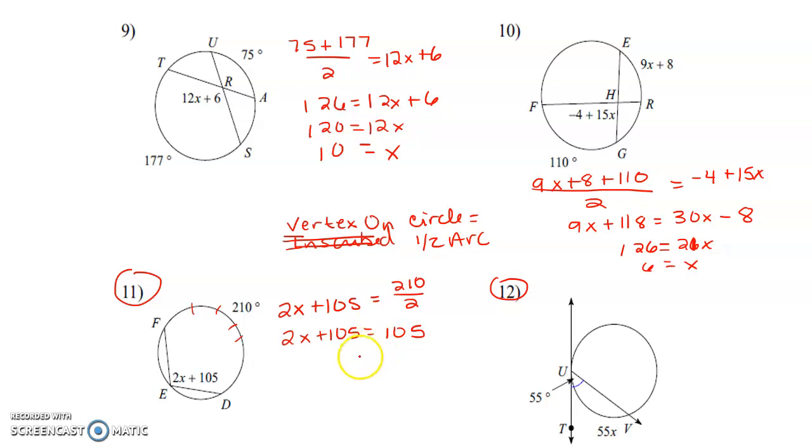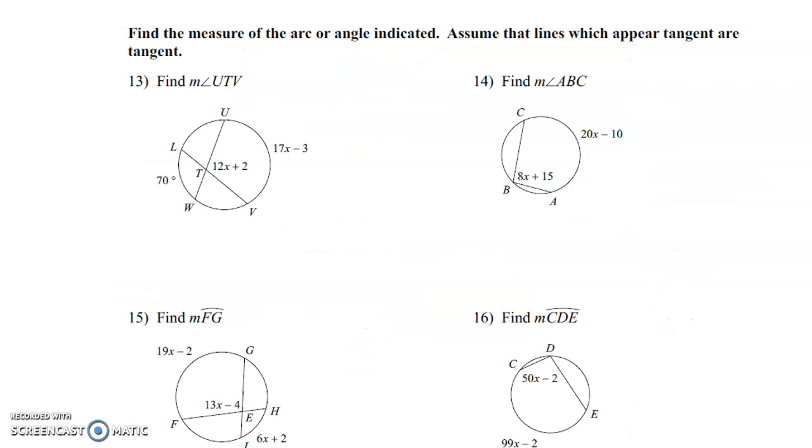Okay, so then I end up with 2x equals 0 and x equals 0, which makes sense. 105 is half of that. Over here, my setup is going to be that my 55, my arc, we'll skip that one, guys. It was just arc divided by 2. If I have time, I'll come back to it.